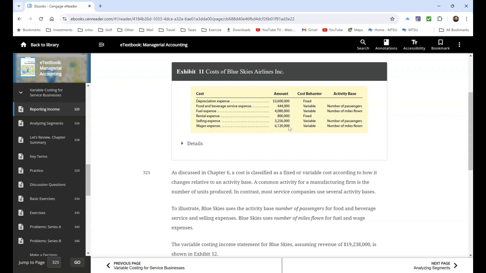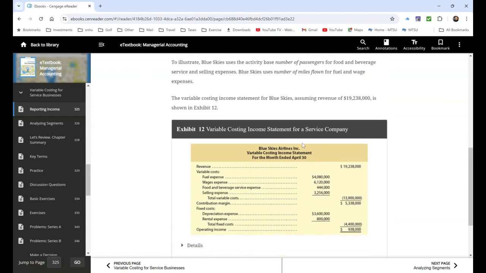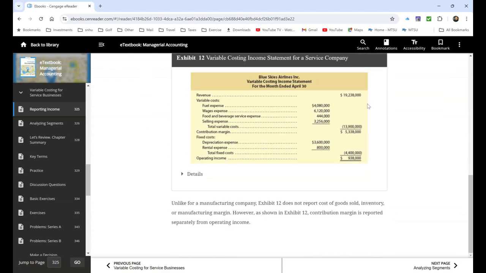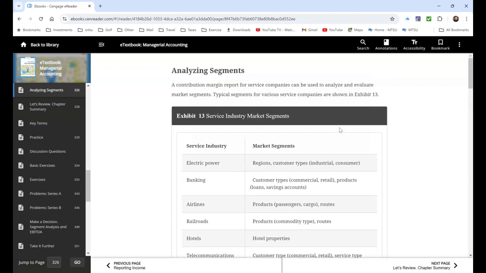Versus rental or food and beverage, which would be dependent upon the number of passengers. So would selling expense, so per ticketed cost. They're going to break these down into: here's our revenue, here's all our fuel and wages, et cetera, and so here's our contribution margin to pay for our overhead. So we made $938,000, or maybe that's millions.